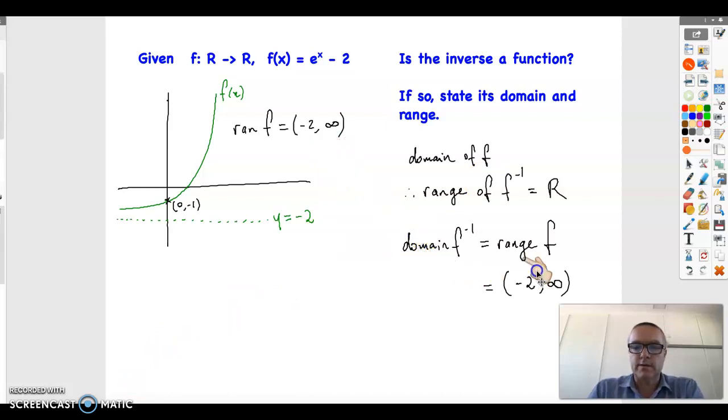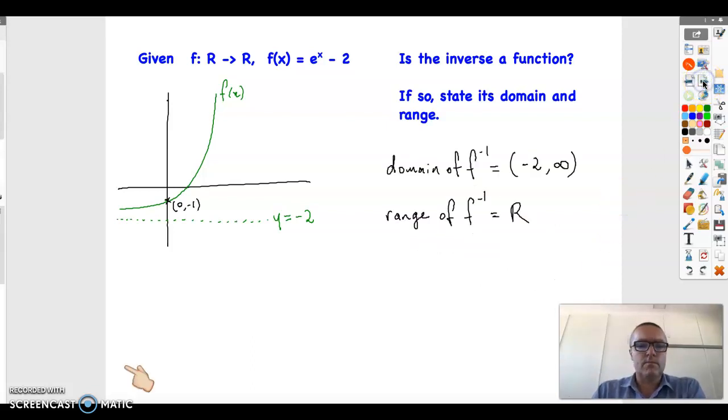And so that is going to be the domain of our inverse: all the real values above -2. So just to summarise, the domain of the inverse is all the values above -2. The range of the inverse is all real numbers.